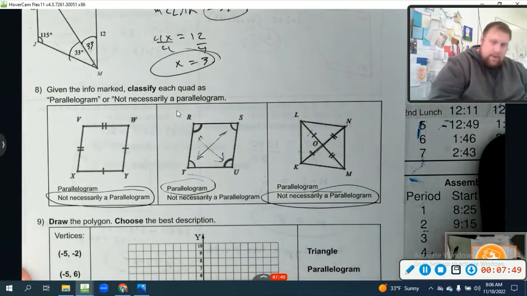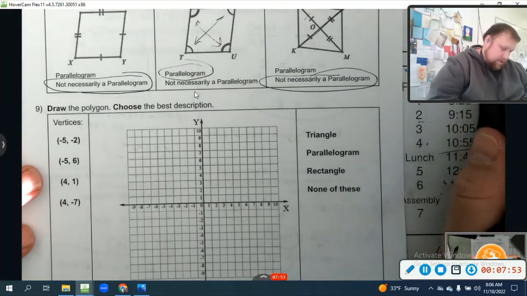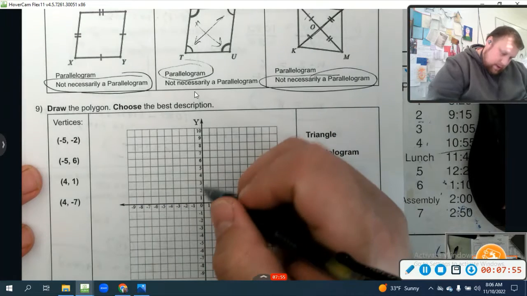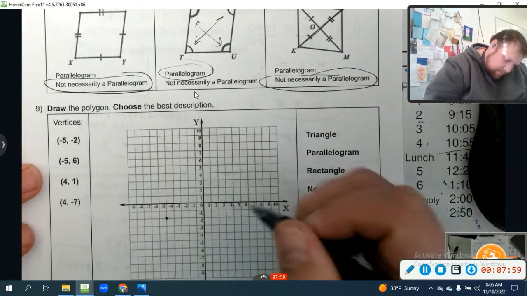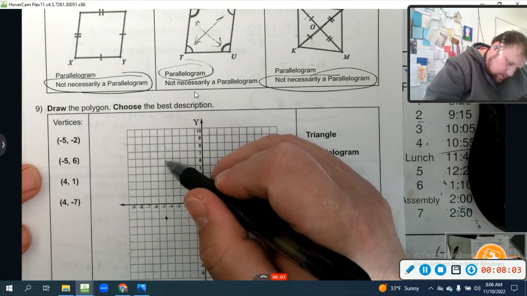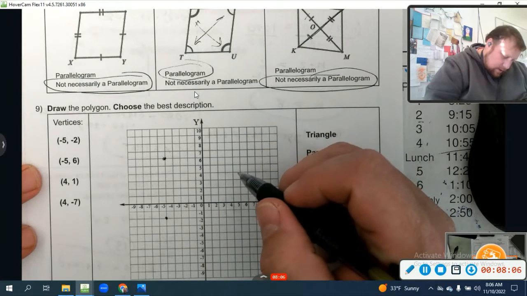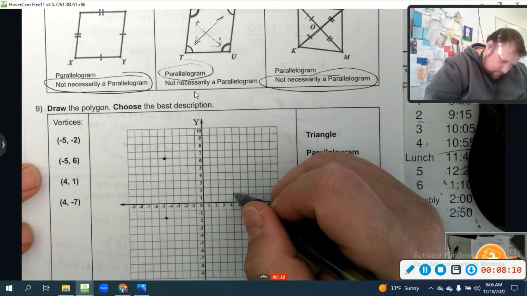Great. Moving on up, let's see what this is right here. Negative 5, 2, negative 5, negative 2, boom. Negative 5, 6. And then 4, 1. And 4, negative 7.